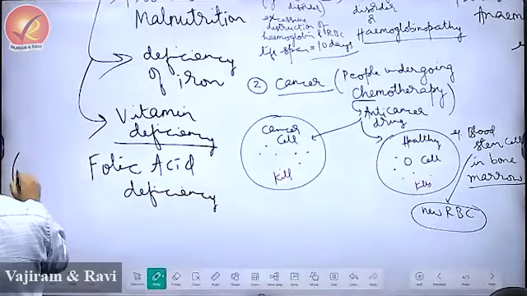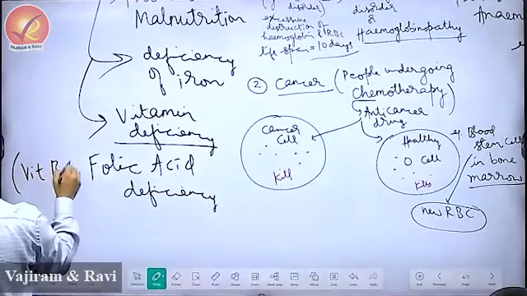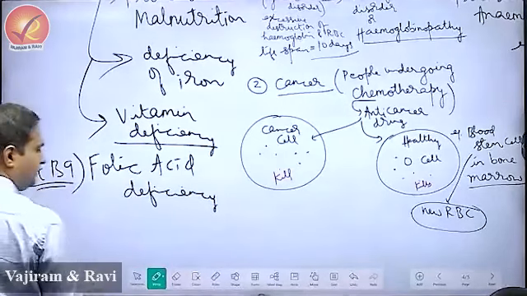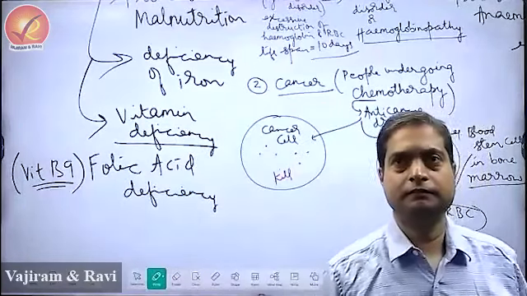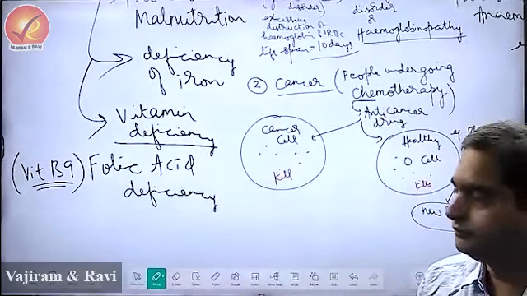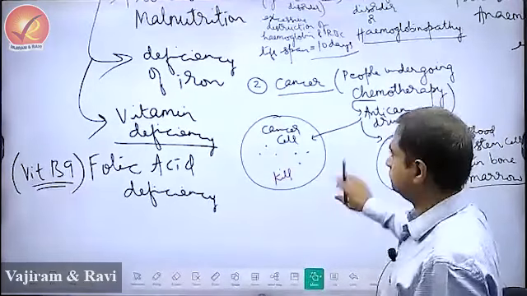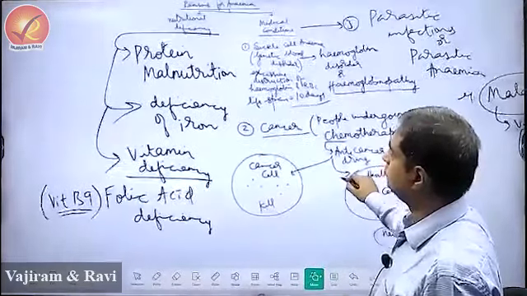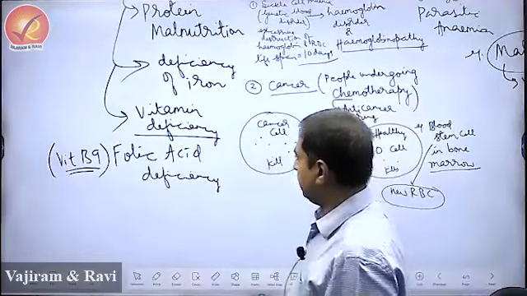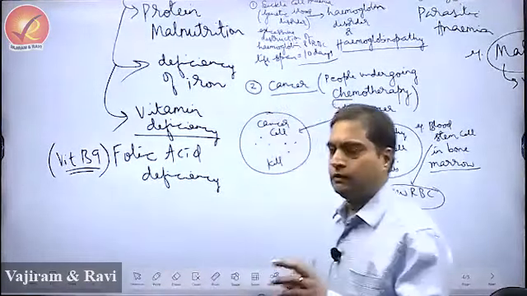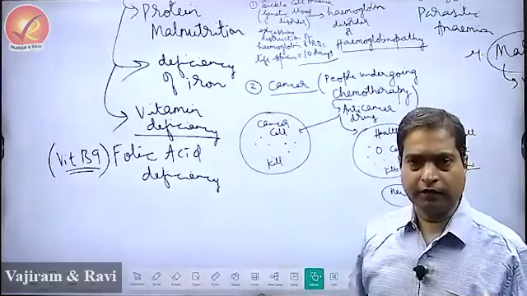Folic acid means vitamin B9. So one of the B complex vitamins, vitamin B9, is folic acid. Why have we taken this? Because it is one of the prominent reasons for anemia in India.